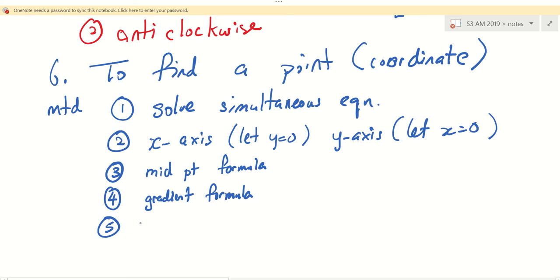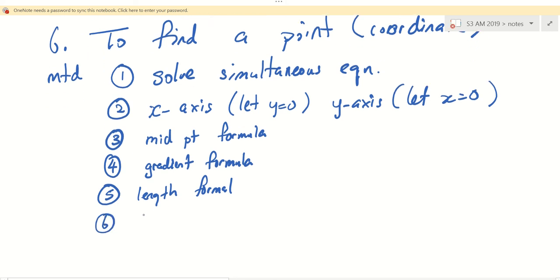You can use the length formula: square root of (x1 minus x2) squared plus (y1 minus y2) squared. Alright, number 6. You can use a vector formula.